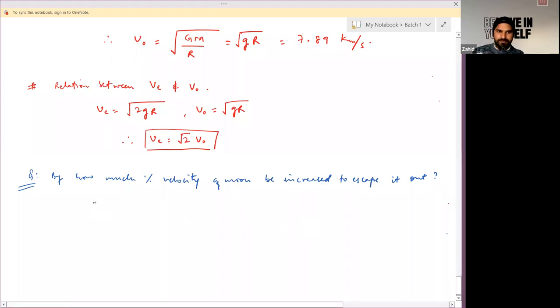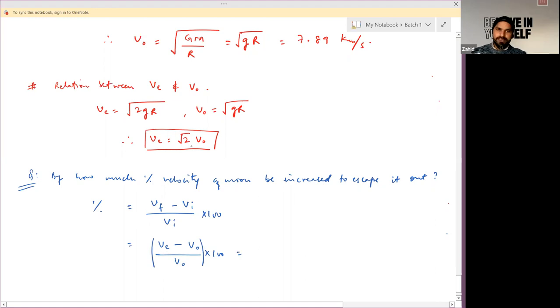So percentage change in velocity equals final velocity minus initial velocity divided by initial velocity into 100. The final velocity of this moon, to escape, should be escape velocity, so it will be VE. Initially, since it is revolving around the Earth close to it, it will have orbital velocity.